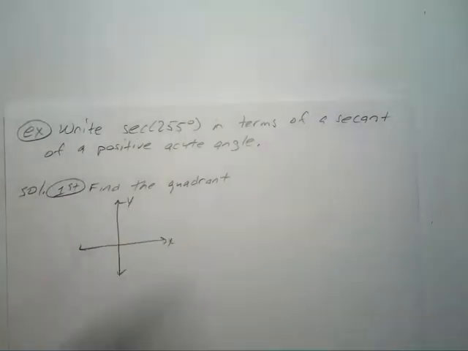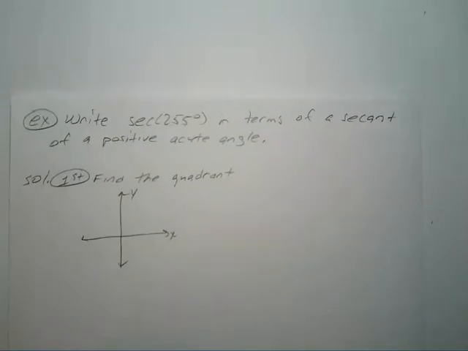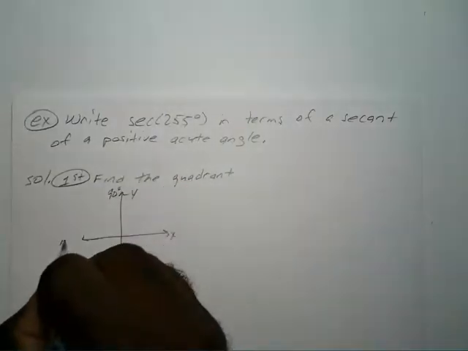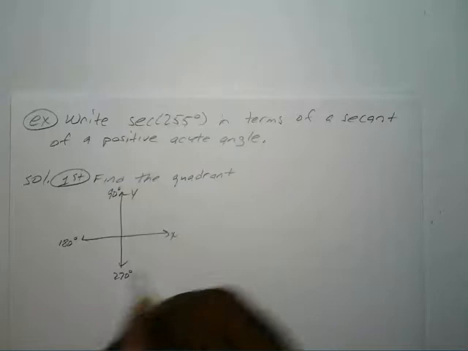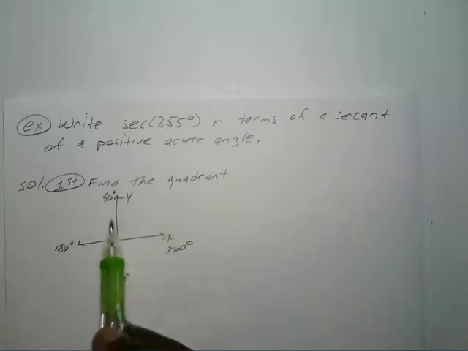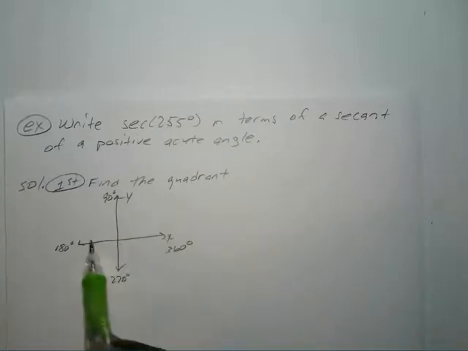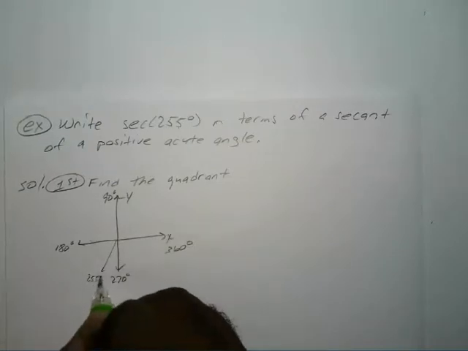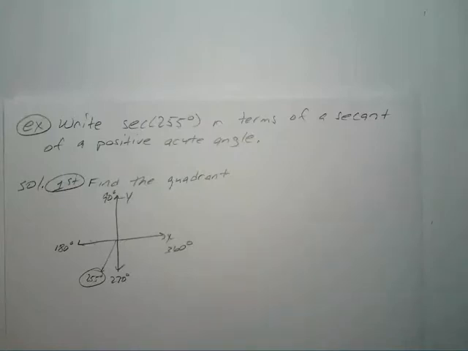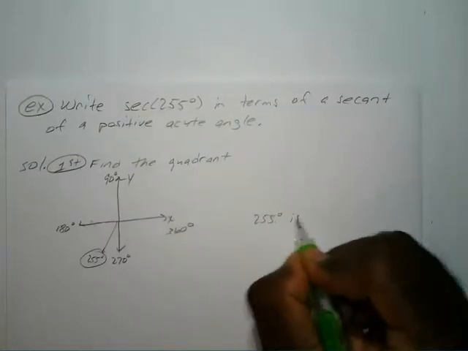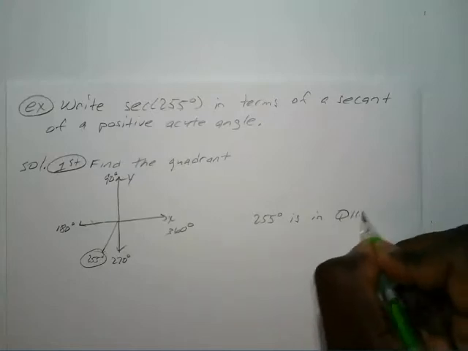We have our X and we have our Y. Moving this direction, this is 90 degrees, 180 degrees, 270 degrees, and 360 degrees in a full circle. So 255 degrees is somewhere in between 180 and 270, about right here. So we know 255 degrees is in quadrant 3.